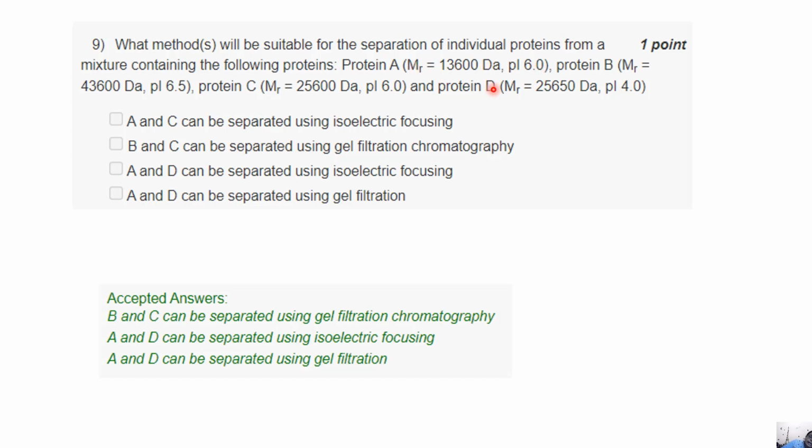Whereas A and D can also be separated using gel filtration, as they have a huge difference in their molecular weights, 13,600 and 25,650. So even this level of difference can be separated using gel filtration chromatography. So these two statements are correct.